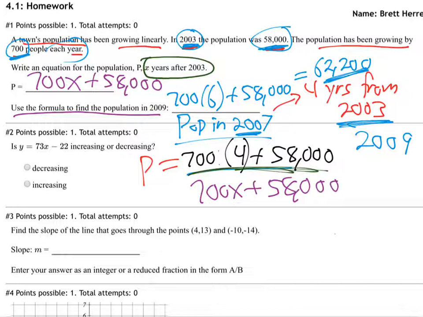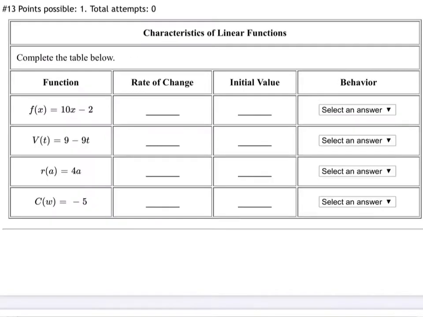Is the equation y equals 73x minus 22 increasing or decreasing? Well, to answer that, let's go back and think about the equation we just came up with on question number 1. Actually, there's a lot of questions in this section.